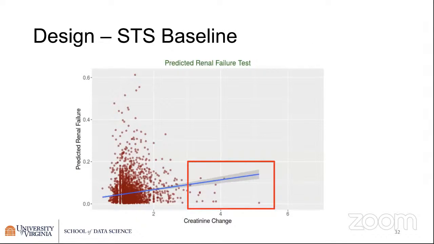This is just to show you. I told you that STS baseline, the Society of Thoracic Surgeons baseline, is not very good, and this kind of shows you that result. If you look here, you see that their model basically predicts renal failure for patients.